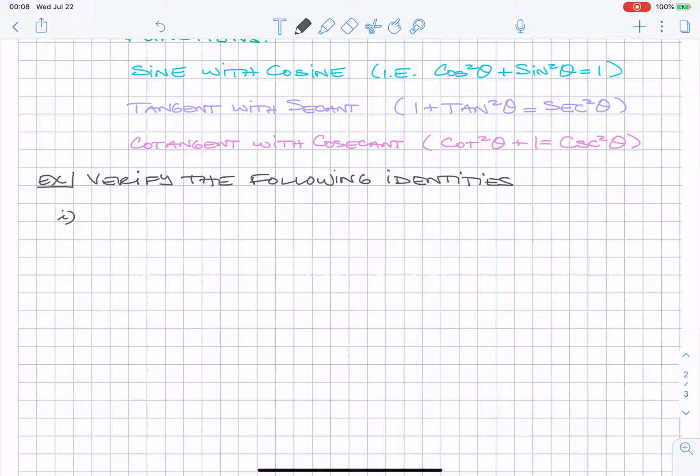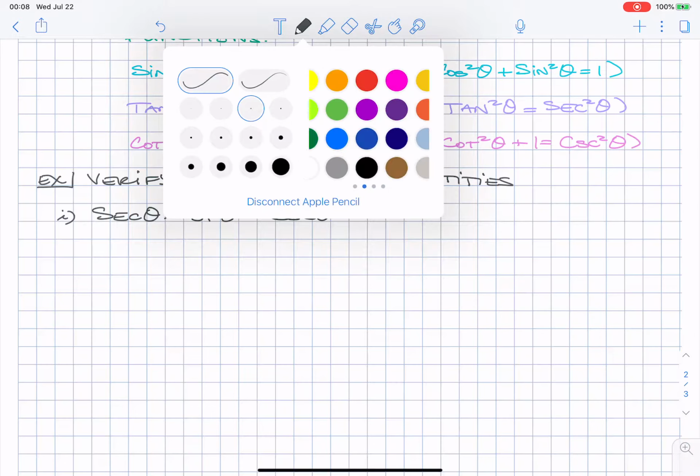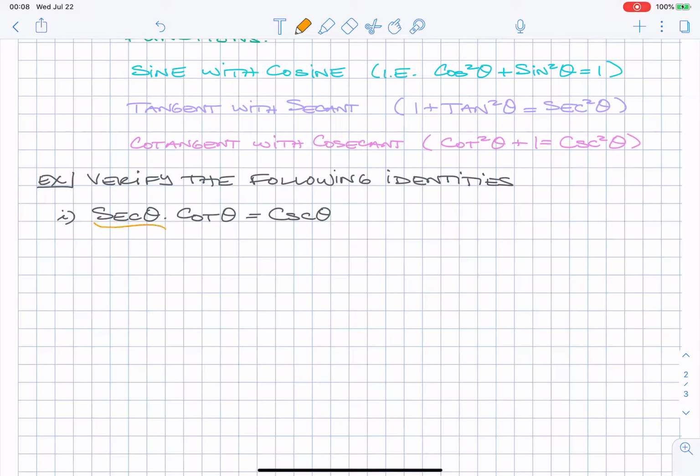So let's say I gave you secant of theta times cotangent of theta is equal to cosecant of theta. So this is the ugly side. So we always start with the ugly side.